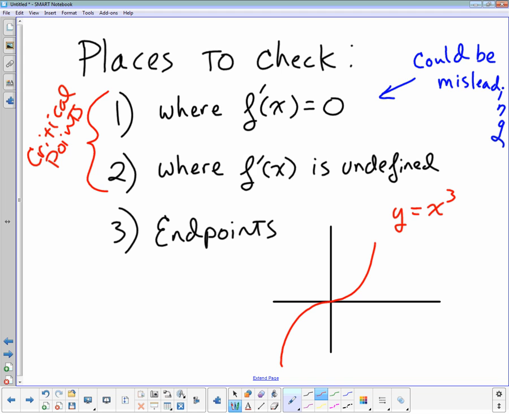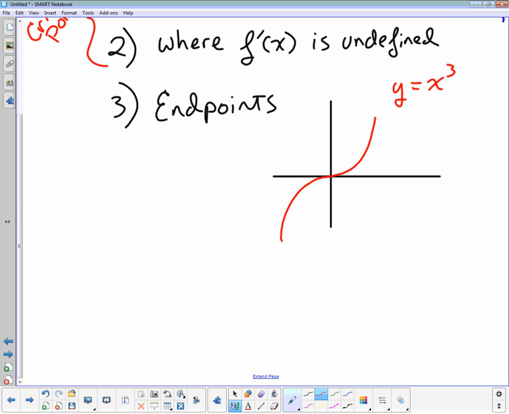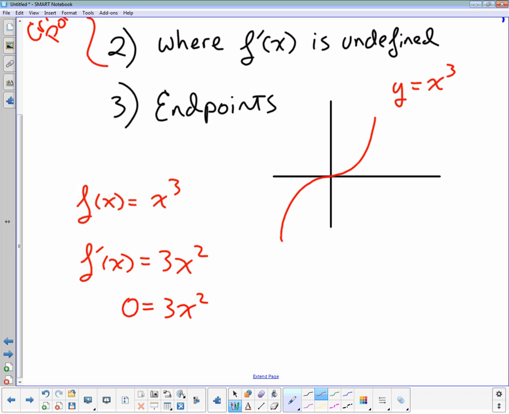I look at that derivative and we set that equal to 0. So that is definitely a horizontal tangent, but it is neither a maximum nor a minimum. Okay.